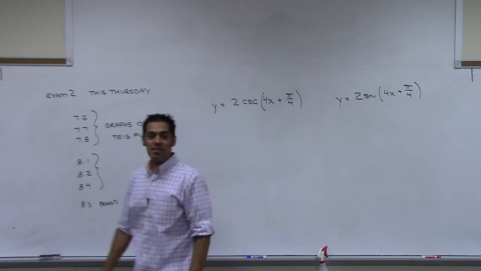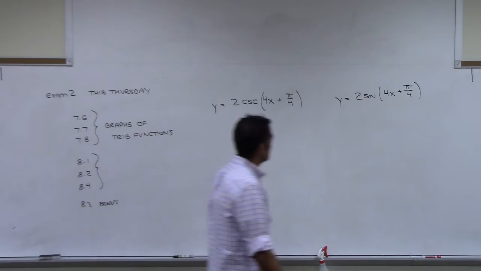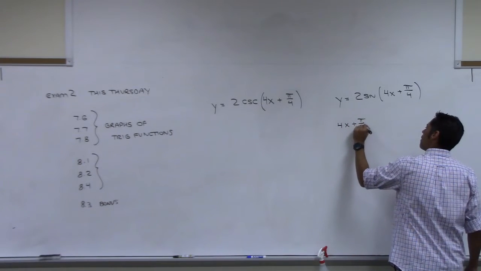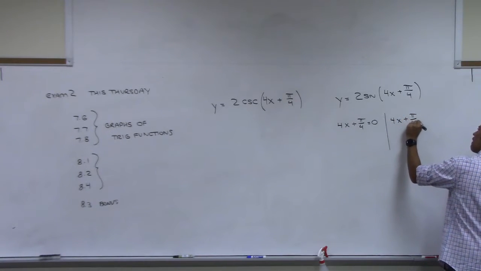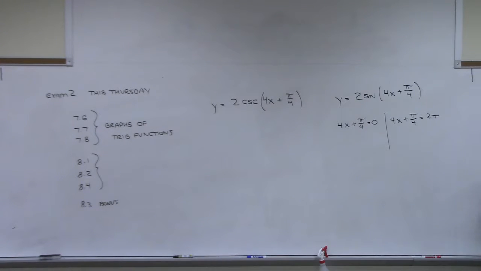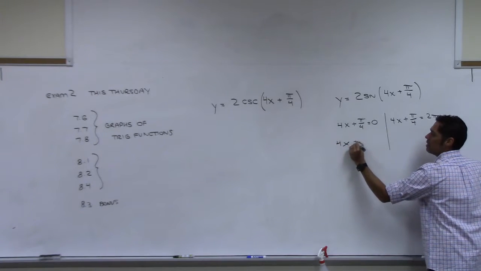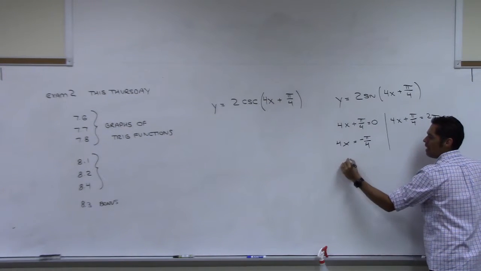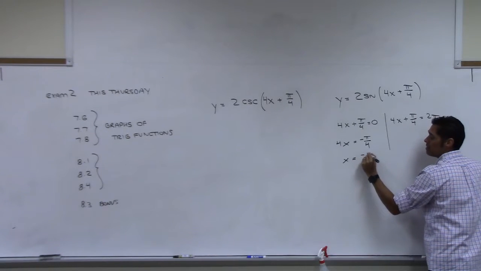I'm going to graph the sine function first. So how would I go about graphing this? Set the argument equal to 0, and set the argument equal to 2 pi, and then solve for x. So 4x equals negative pi over 4, and dividing, x is negative pi over 16.